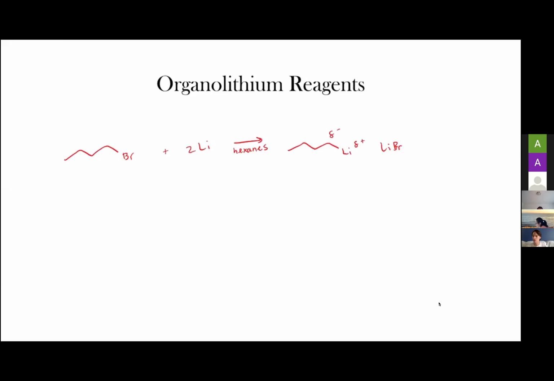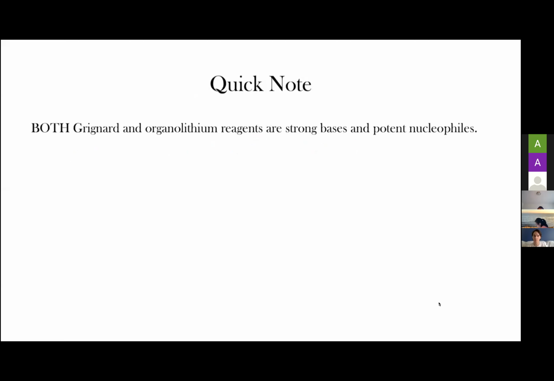Okay, so both Grignard reagents and organolithium reagents are strong bases and potent nucleophiles. So if we have our reagent, we'll say we have this molecule right here. This is actually going to react like this.